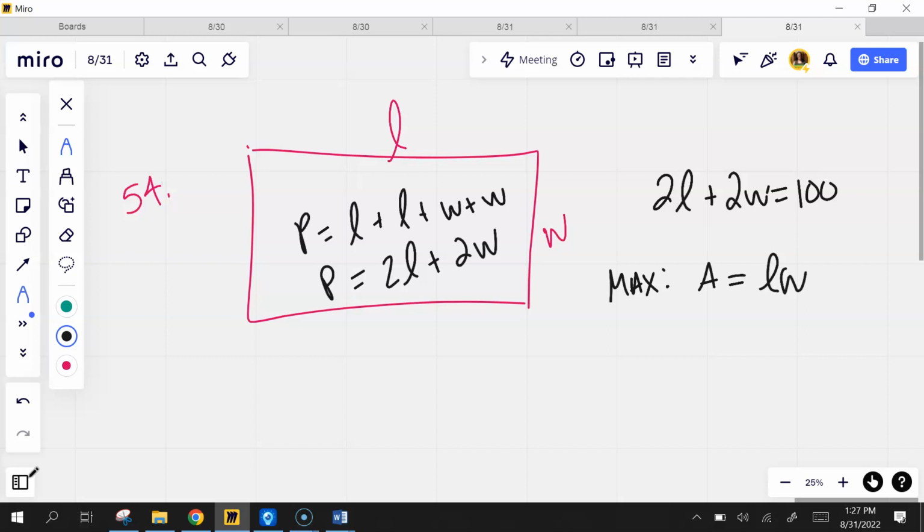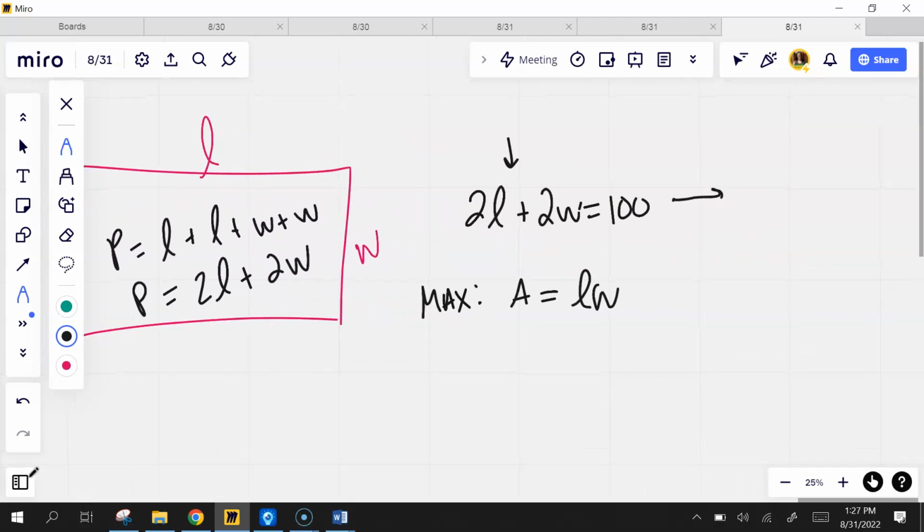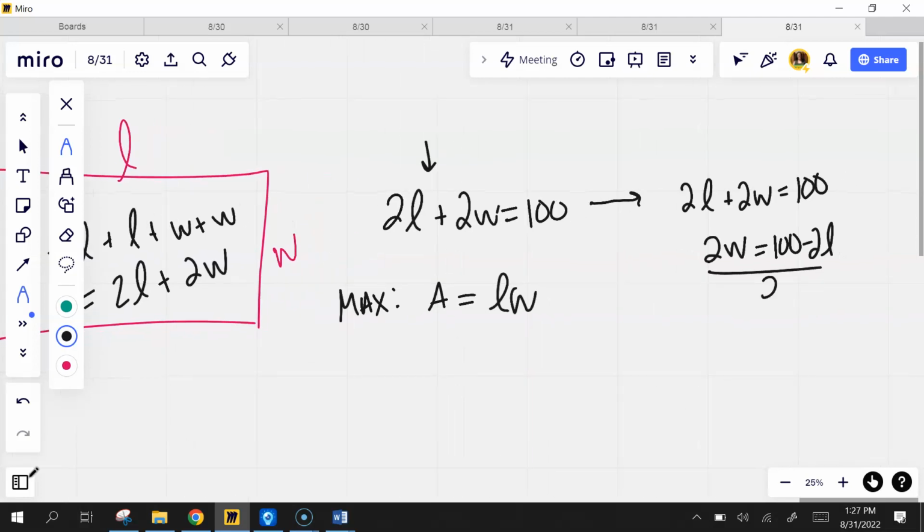Okay. So what I'm going to do is I'm going to take this equation and solve for one of the two variables. It doesn't matter which one you solve for, just solve for one of them. I'll solve for W. So subtract 2L and divide by 2. You could have divided by 2 to start with. 50 minus L. Agree?